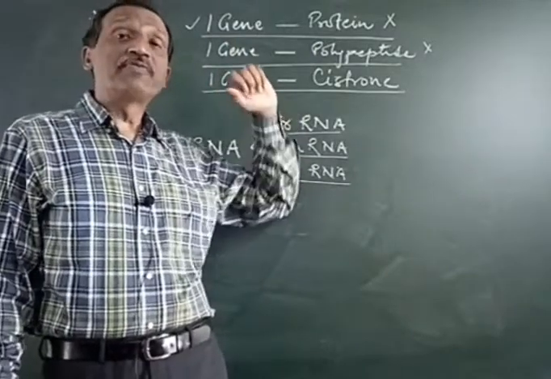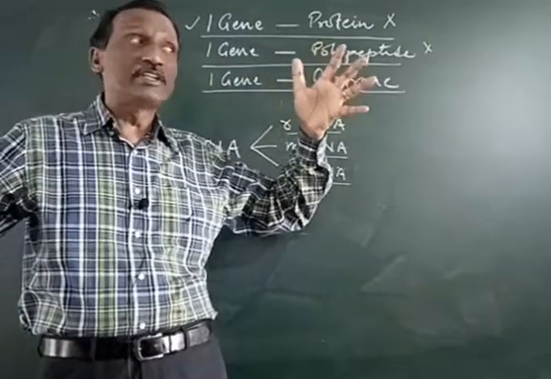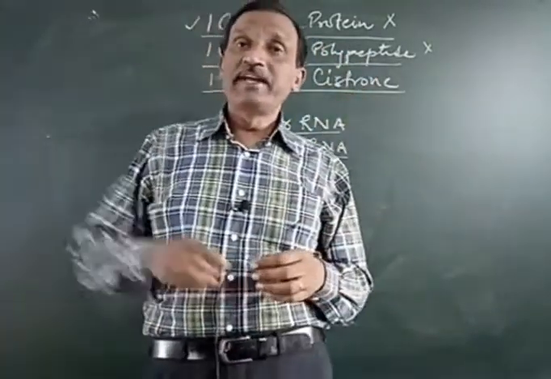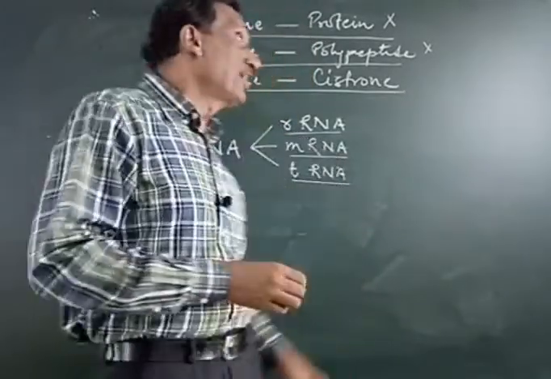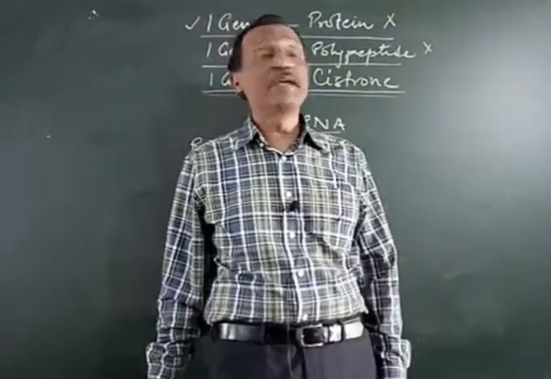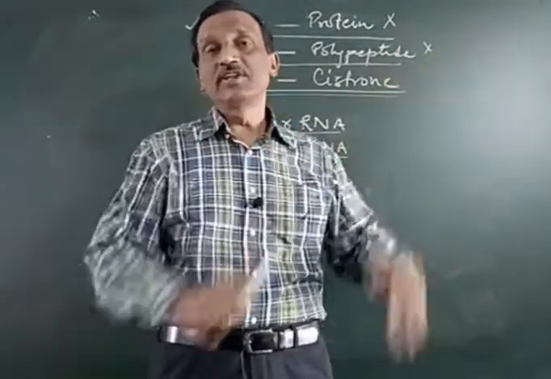Later on we found that one polypeptide chain also is not wholesome; it comes in the form of a raw polypeptide, and then it is modified and matured. And on the other hand, we even found that sometimes one polypeptide may express more than one character because they have cistrons, which are smaller units.